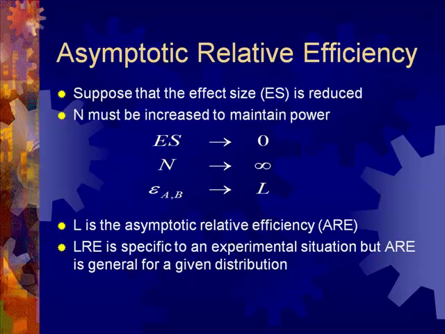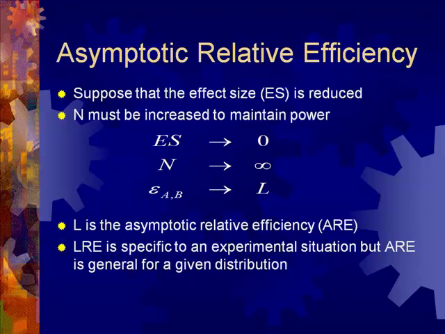Now it turns out that local relative efficiency changes from situation to situation, and in fact that's what's going to be most important to us, because local relative efficiency tells us what the efficiency is like in that given situation.